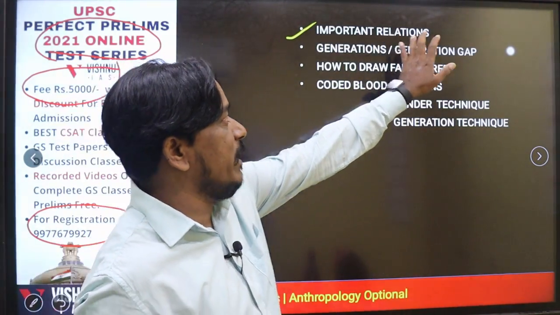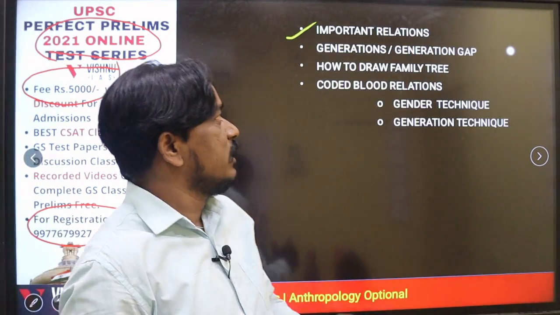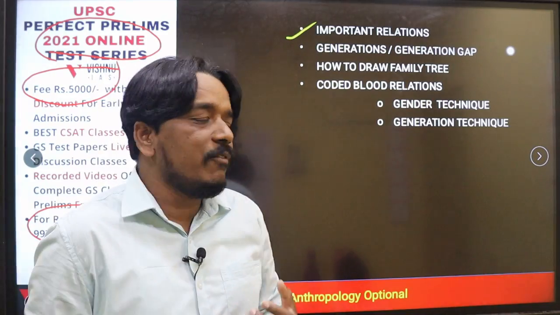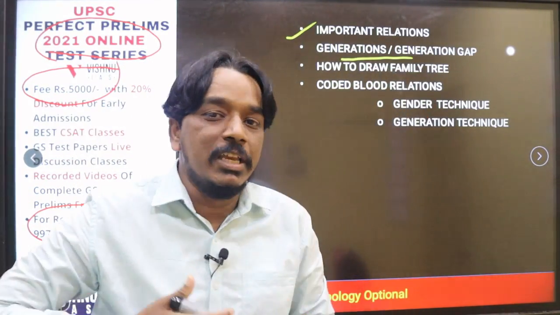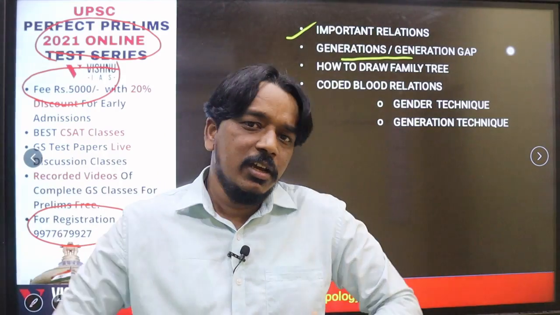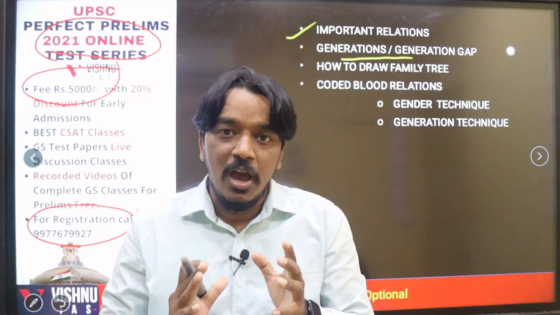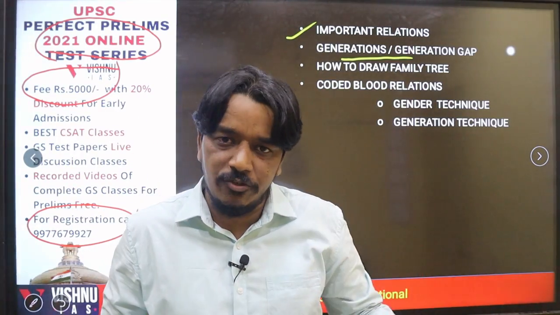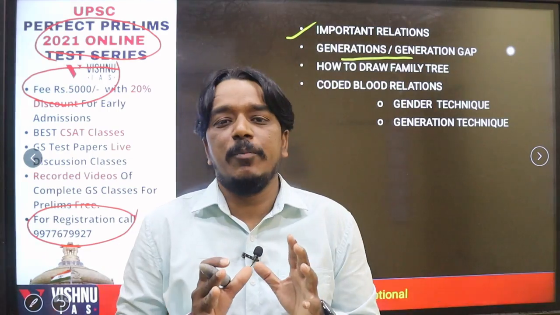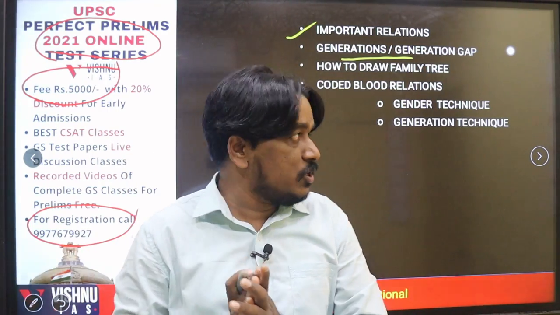I'll give the complete basic important relations, what relations are important for this particular concept. Similarly, we should have a complete idea of generations and generation gap. Sometimes directly in UPSC CSAT paper 2 they can ask generation gaps, or they will give data based on generations also. If you observe the 2020 and 2016 papers, in most cases they gave these types of questions. We'll take that type of questions also.